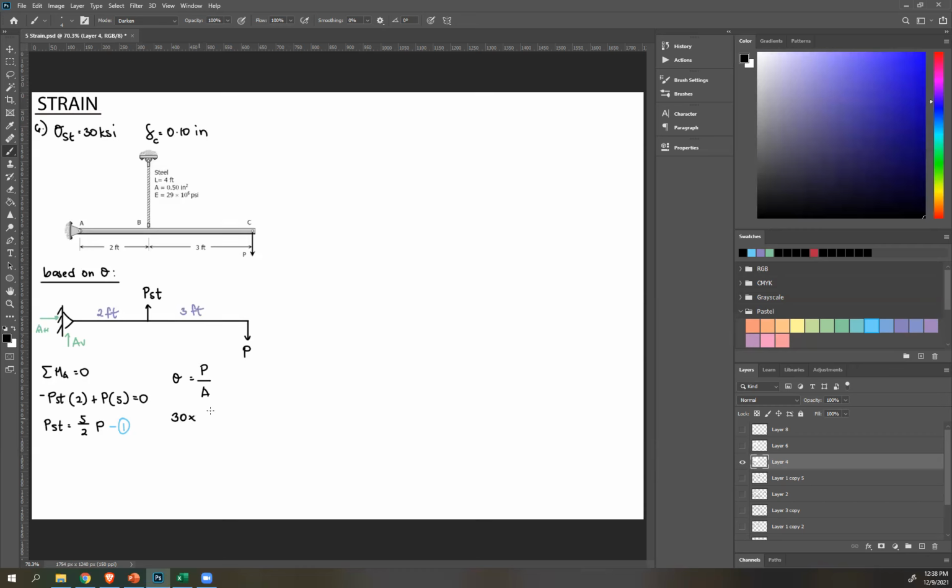So KSI to PSI, that's just times 10 raised to 3. Equals PST. So this is stress ST, PST over AST. PST is simply 5 over 2P. So I'll write that 5 over 2P over cross-sectional area of steel, which is 0.50.